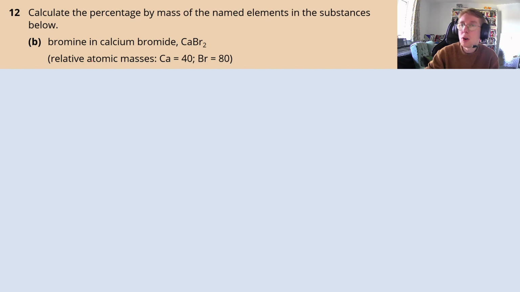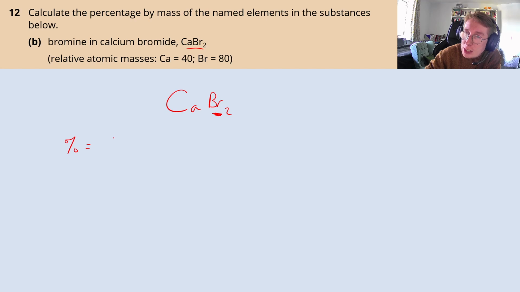And this time we're looking at bromine in calcium bromide. So we've got CaBr2, so I'm going to write that out here. Now, remember, the equation is the total relative mass of the element that you're looking at in this compound. So we're looking at bromine, and you'll notice that in calcium bromide there are two atoms of bromine.